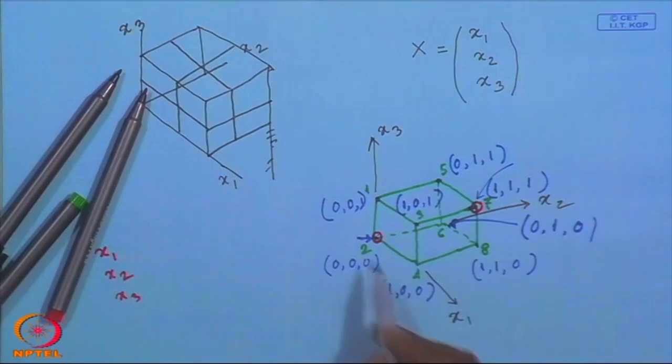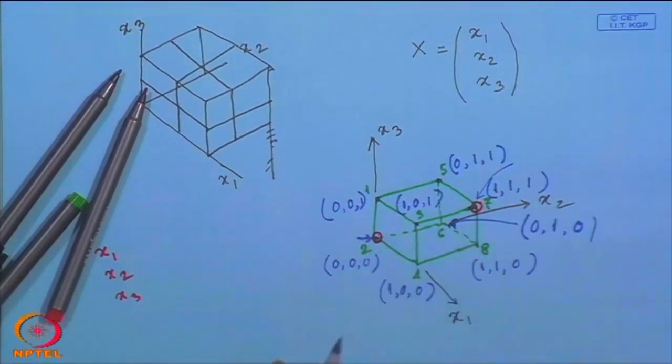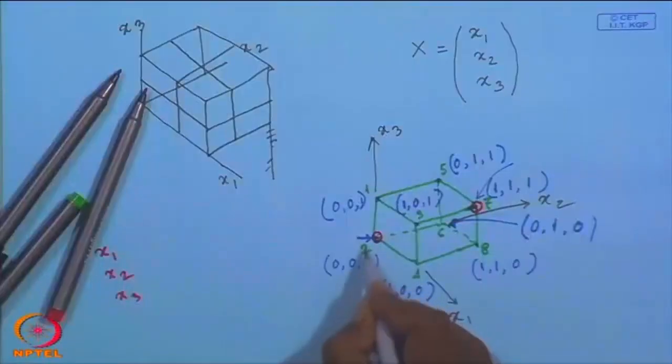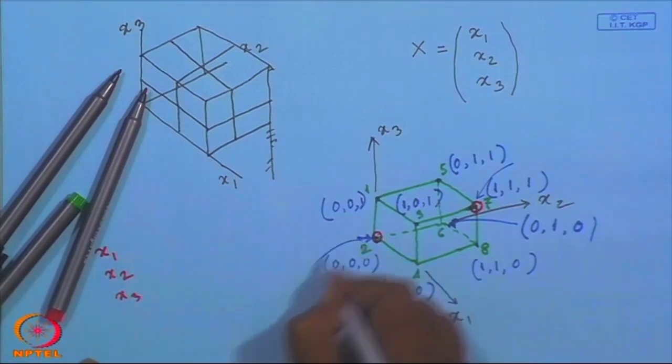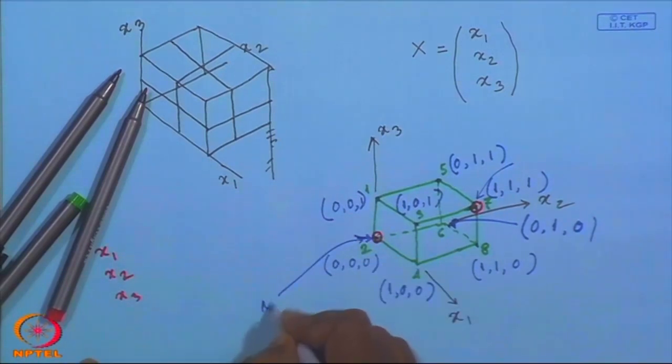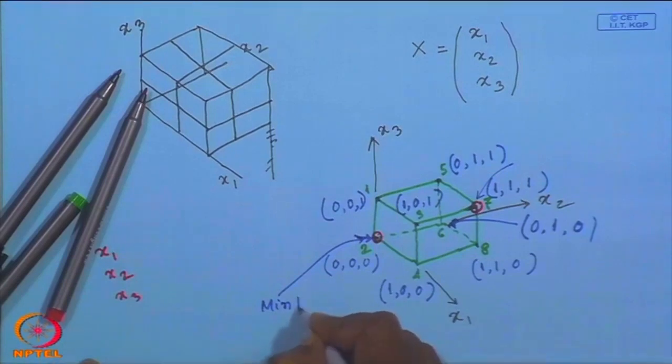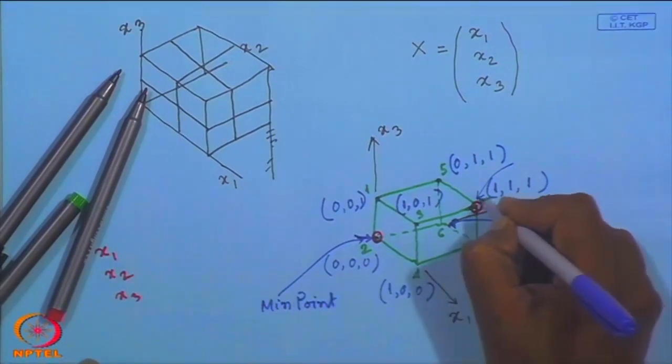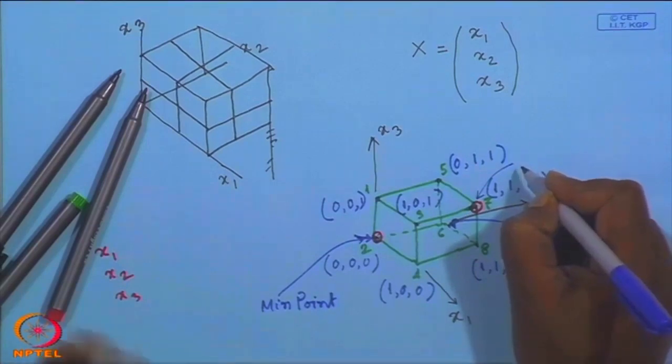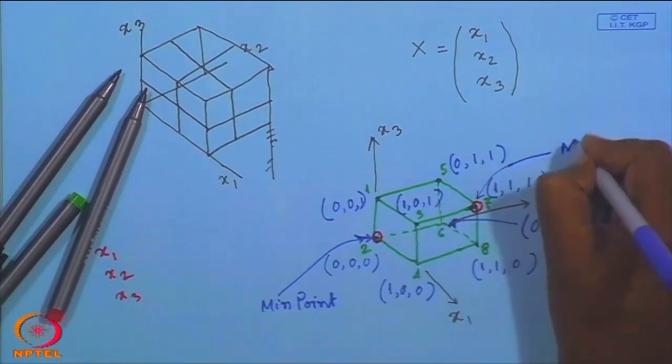So, if I simply know this vertex and this vertex, I can form this rectangular parallelogram. Because this is the minimum of all the coordinates, I call this the min point, and this being the maximum of all the coordinates, I call this the max point.